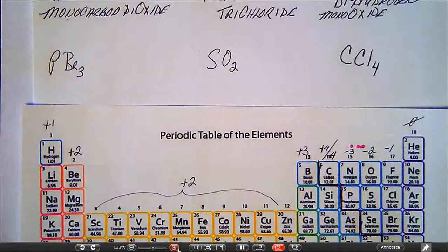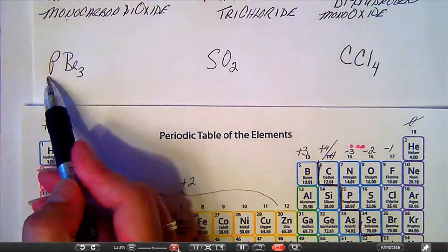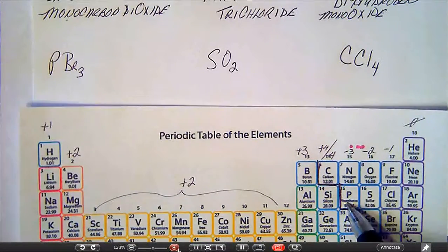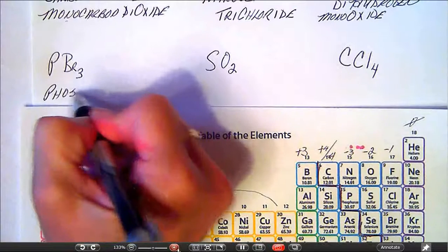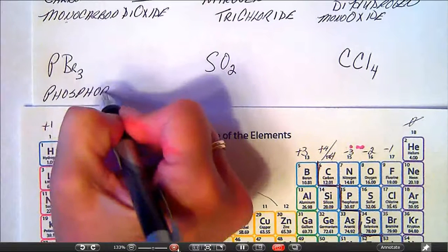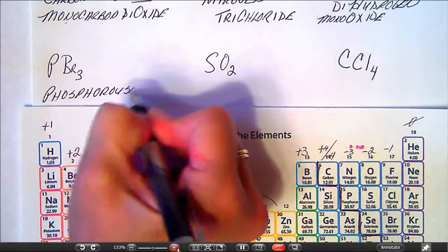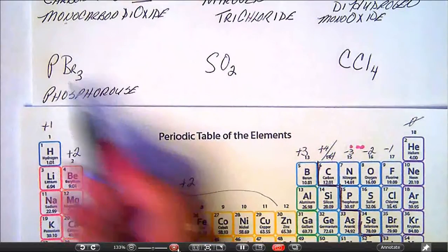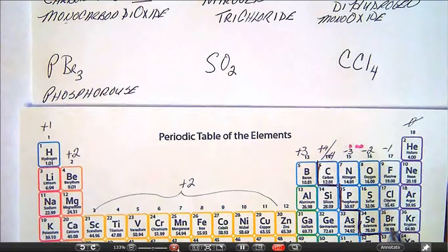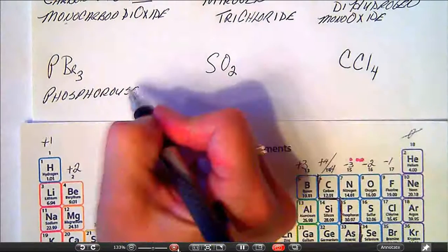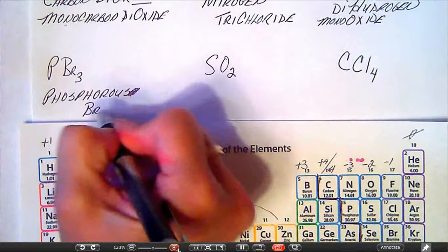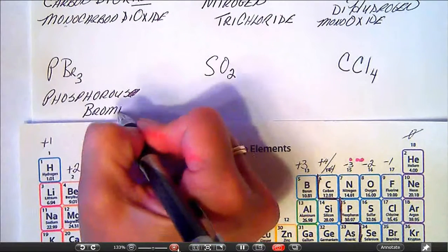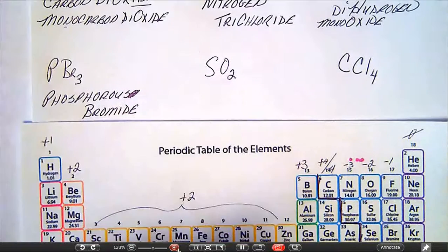A couple more examples. P, phosphorus. Br, bromine. But it's in a compound. Bromide.